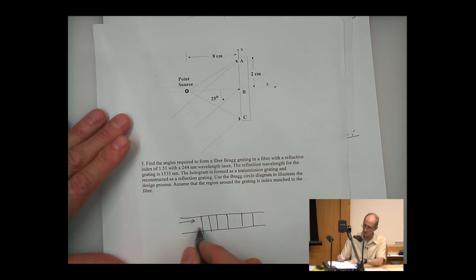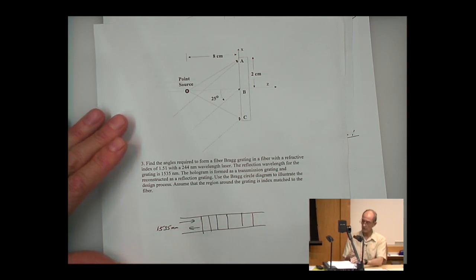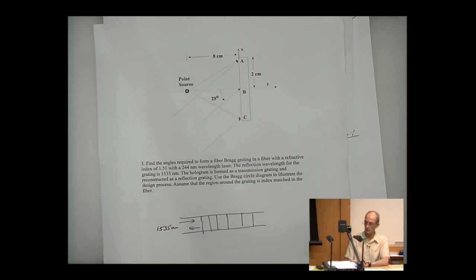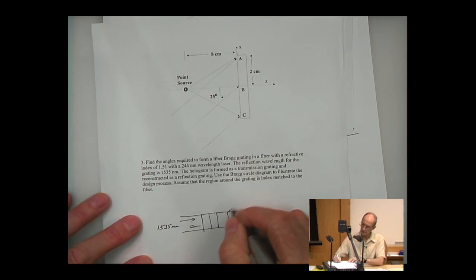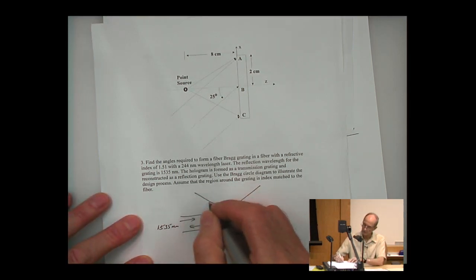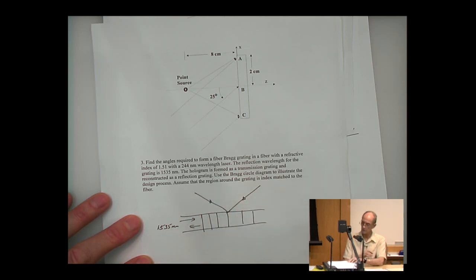So this reflection grating is going to work at the 1535 nanometer, where we have light coming in and coming out. So the period and so forth has to be designed for that. But we want to make it using a transmission geometry like so.